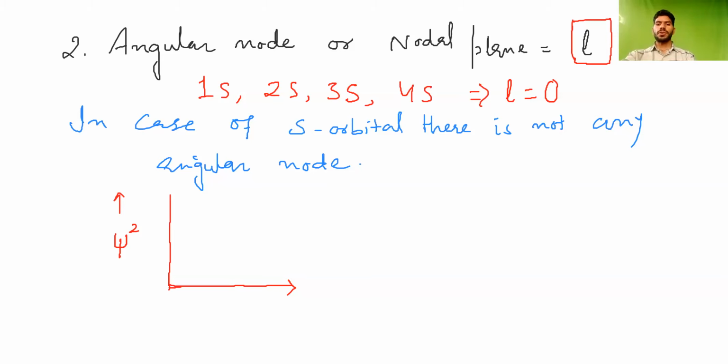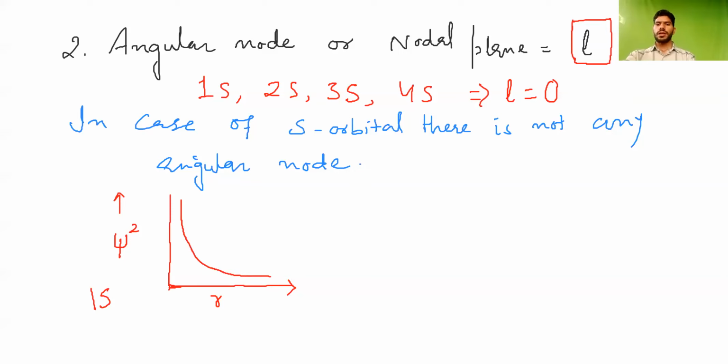So if I just plot the graph between psi square versus r, the radius, what we see in case of 1s, the graph is just like this. So that means there isn't any node. Okay, let me show it like this. The graph will be just like this.